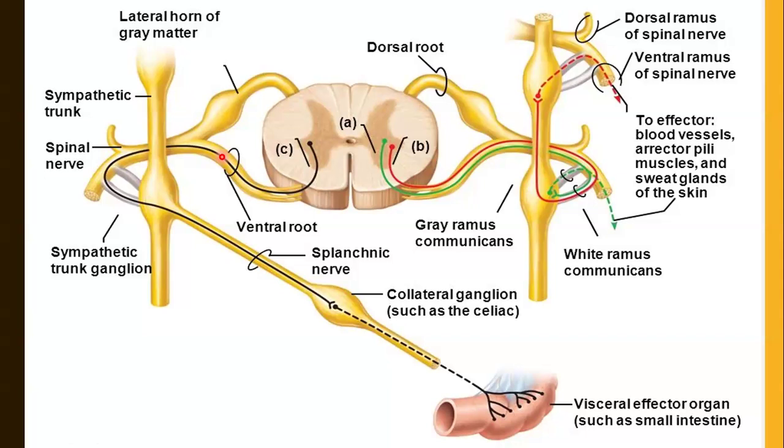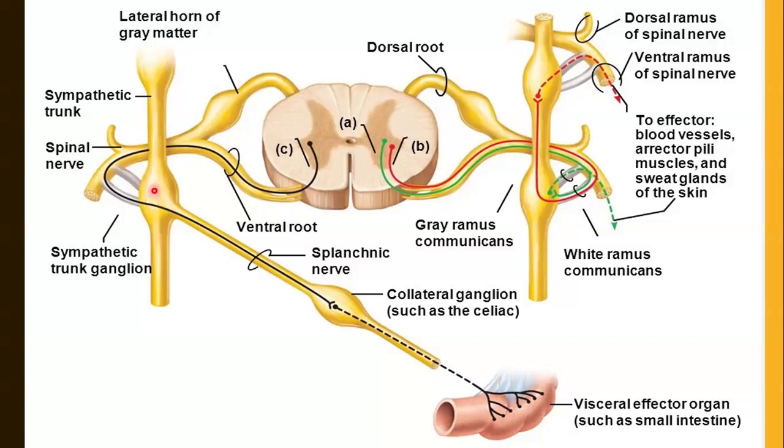The ones with the visceral motor functions have very interesting ways of communicating. Some of them may give you preganglionic fibers that join the sympathetic chain and then exit again.